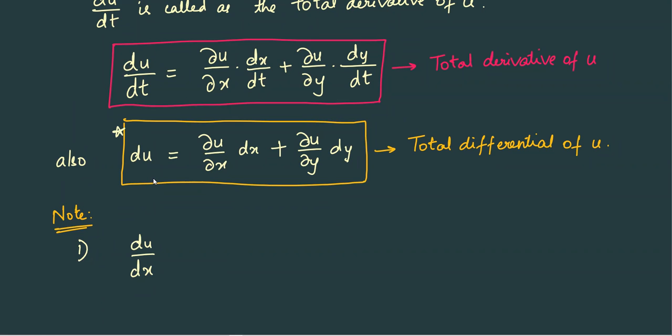The total differential is du = ∂u/∂x dx + ∂u/∂y dy. So from here, du by dx is divide by dx throughout. So you get du by dx is ∂u/∂x plus ∂u/∂y times dy by dx.